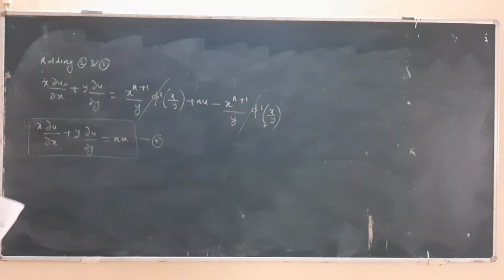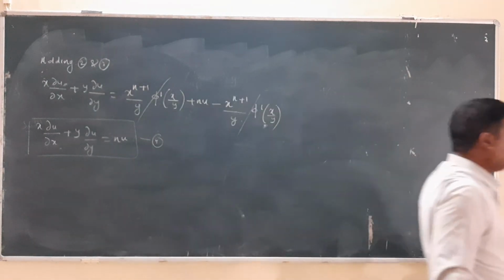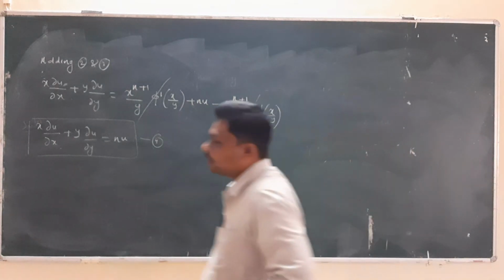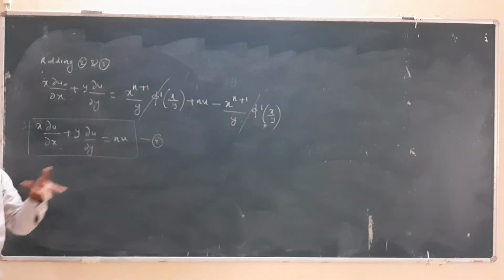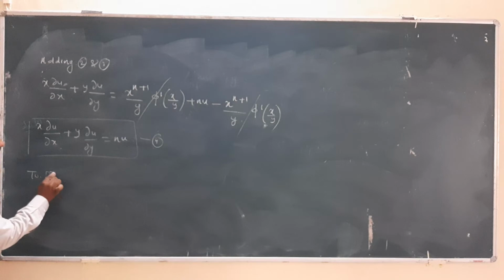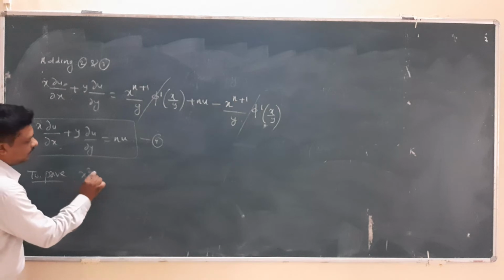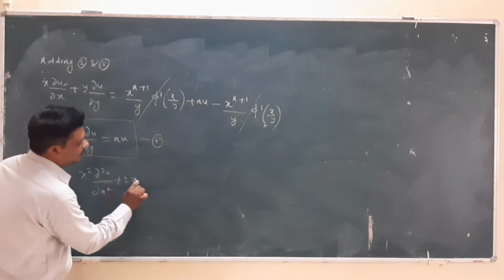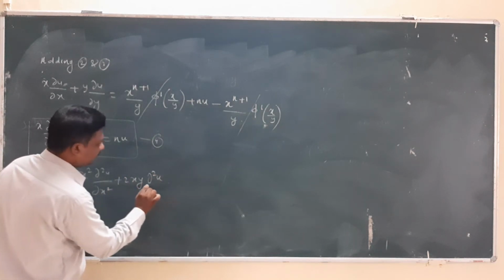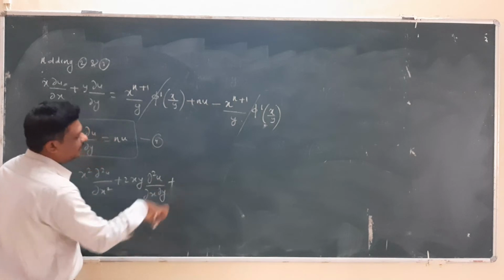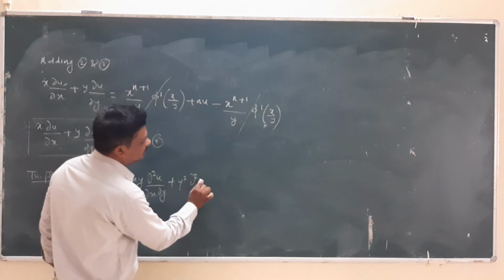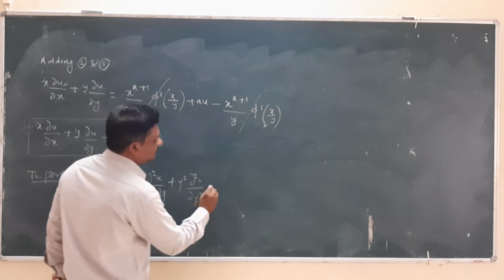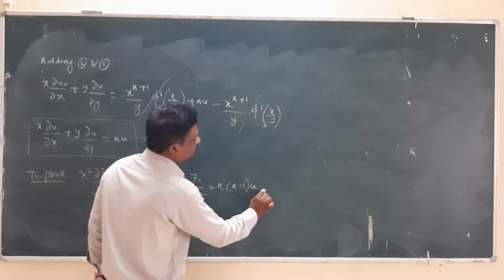So now to prove the second result, x square ∂²u/∂x² plus 2xy ∂²u/∂x∂y plus y square ∂²u/∂y² is equal to n into n minus 1 into u.